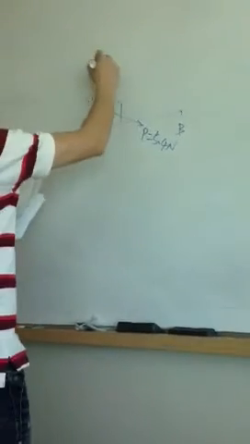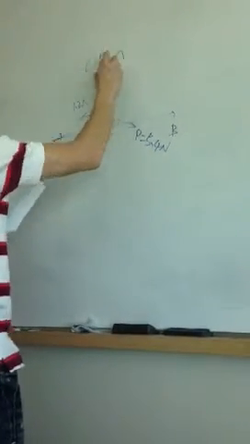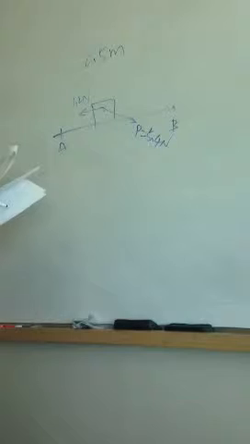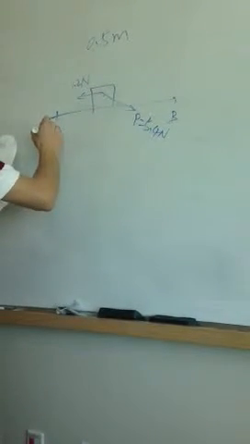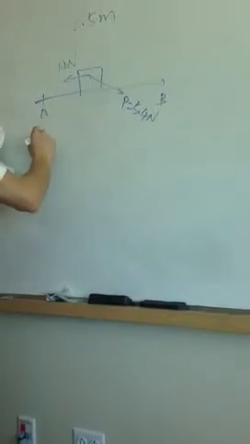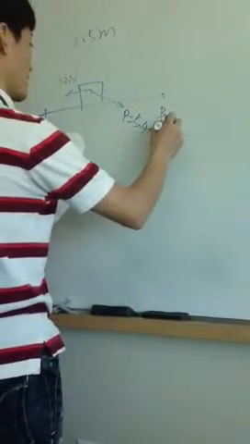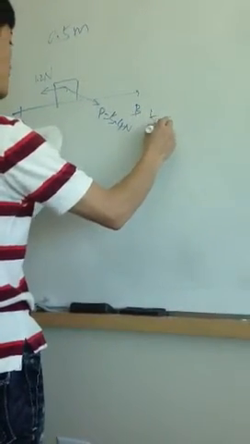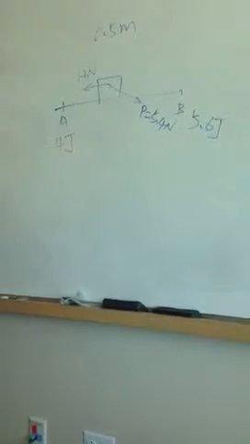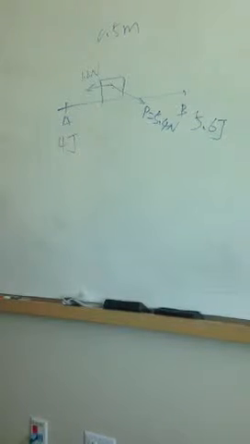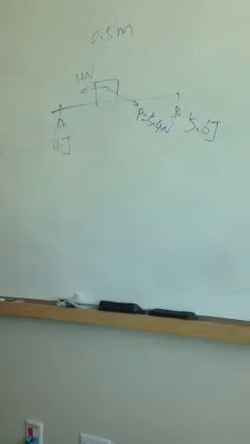And here is 0.5 meter. If the kinetic energy at A is 4 and at B is 5.6, how much work is done on the block by the force P between A and B?